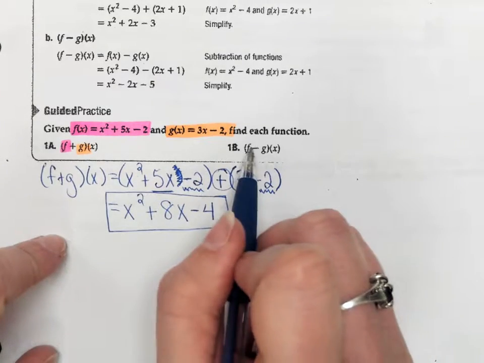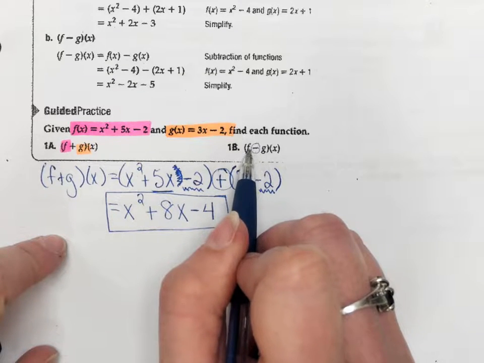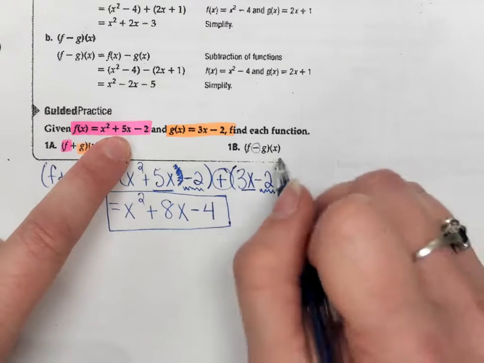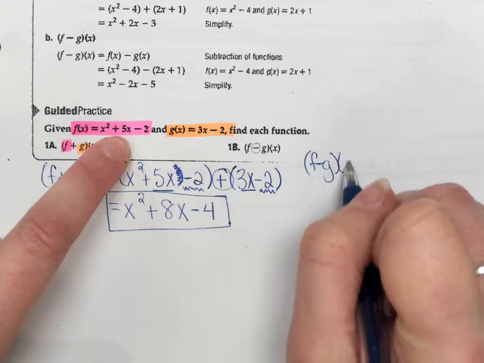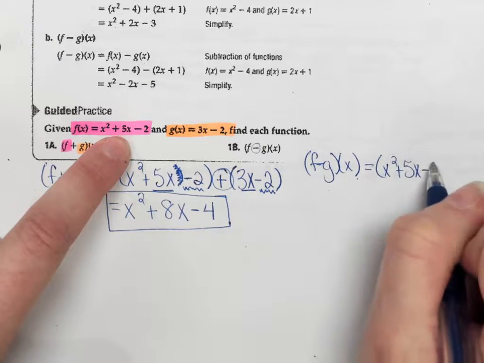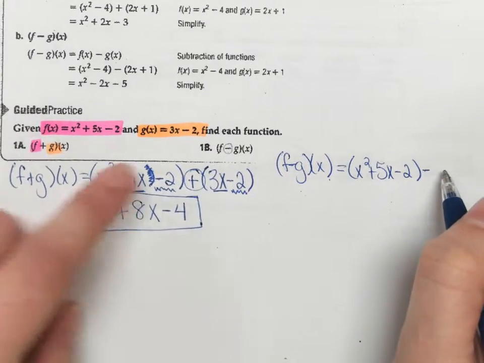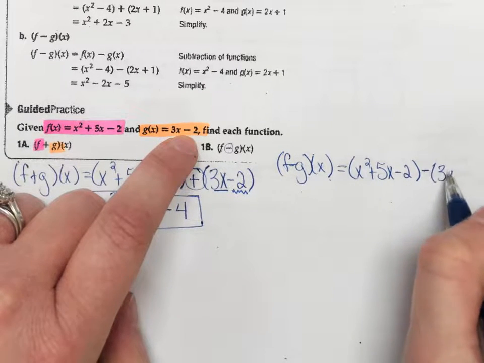Alright, now we're going to do the same thing for part B, but this time it tells us it wants to subtract. So we're going to take the function f, which was x squared plus 5x minus 2. And then we're going to subtract our function g, which is 3x minus 2.